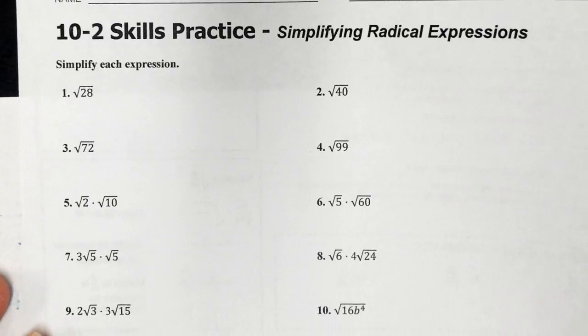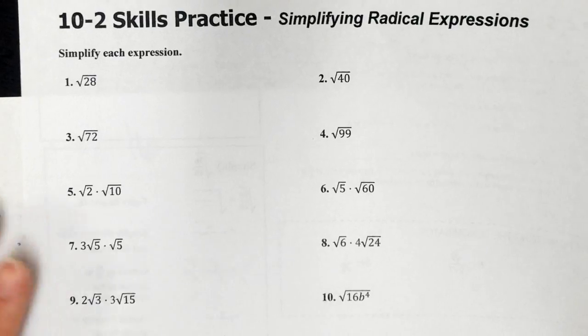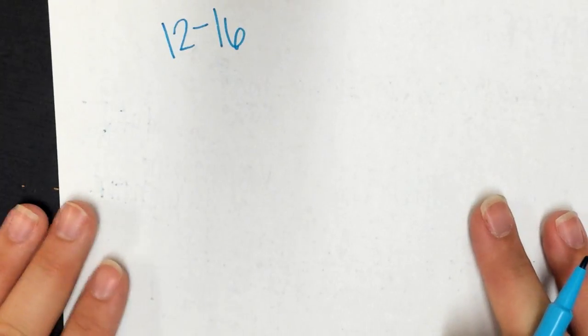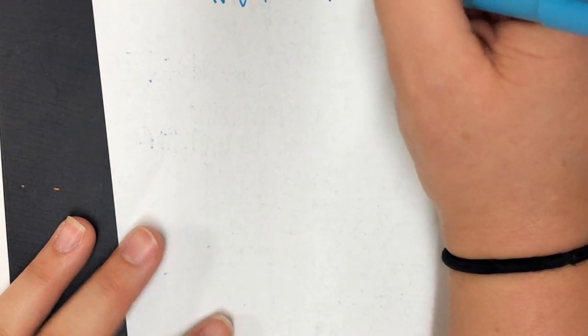But here's the thing: I do not want you to work on this paper. Take your scratch piece of paper we were working on and do 12 through 16. You already did 12 and 13, so 14 through 18. Same amount, you're just doing 14 through 18.